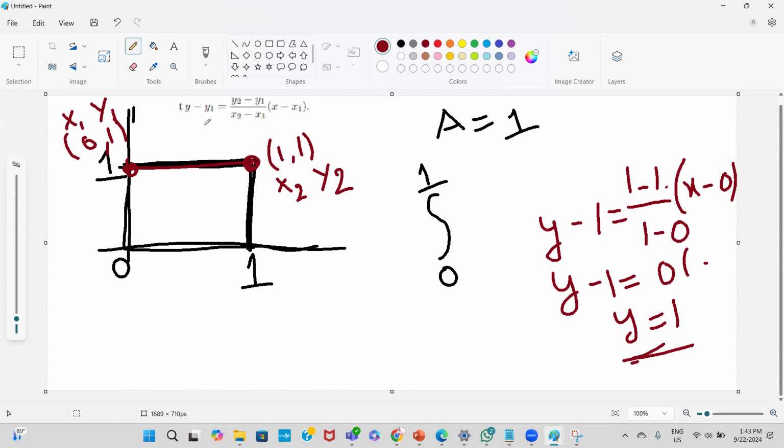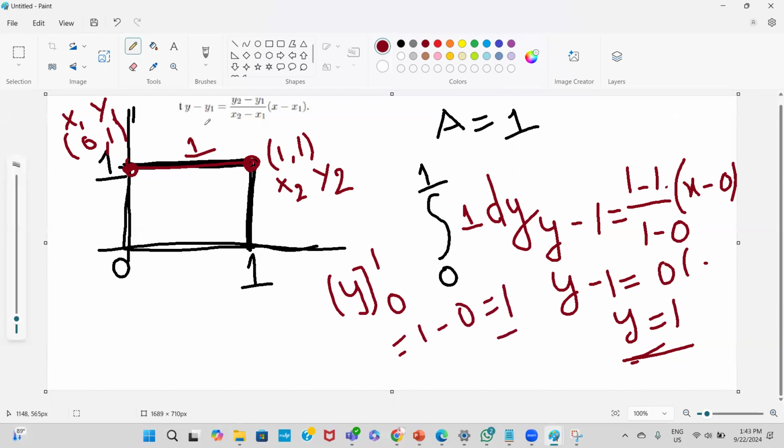We integrate 1 into dy, so this becomes y evaluated from 0 to 1. That becomes 1 minus 0, which is equal to 1. So the area under the curve is equal to 1. Understood? Okay, understood.